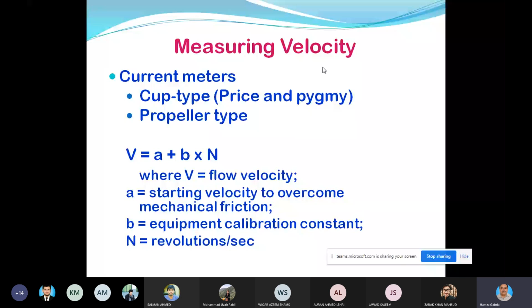So the difference being, in the cup type, the cones rotate in the horizontal direction, whereas in the propeller type, they rotate in the vertical direction or vertical dimension, like the aeroplane का अगर आपने इंजन देखा होगा आपने, उसका किस तरह वो रोटेट कर रहा होता है. So it is the propeller type, but the cup type resembles a water wheel.